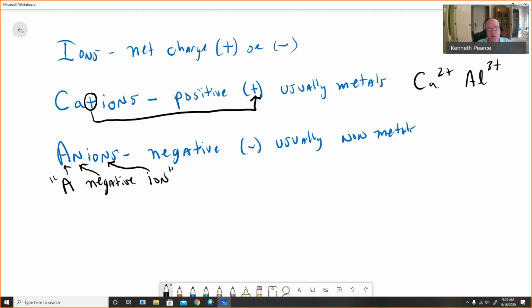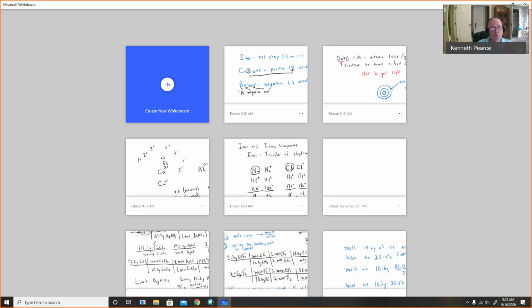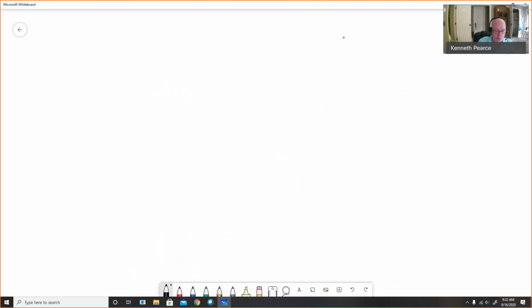Okay, so ions have a net positive or negative charge, and we're either gaining or losing electrons to get full valence shells. Now, our final skill before we get to making ionic compounds is we have to be able to figure out how many valence electrons an element has.